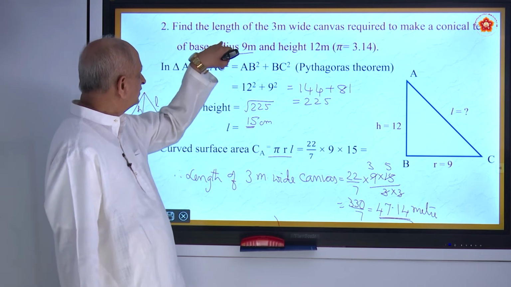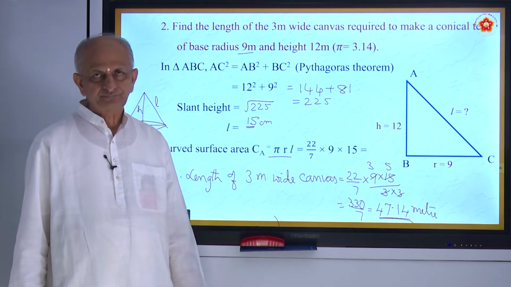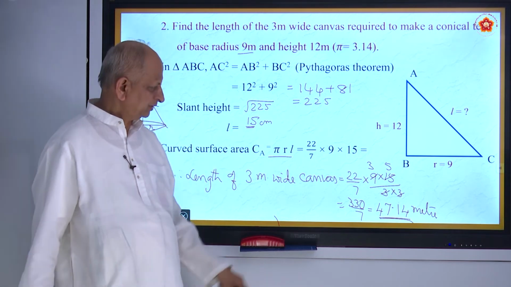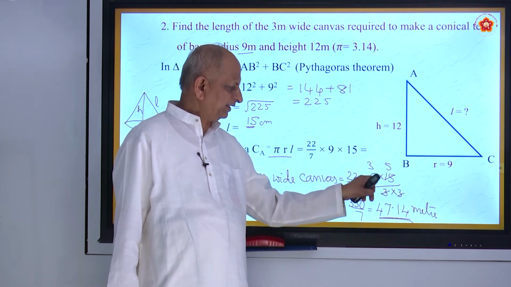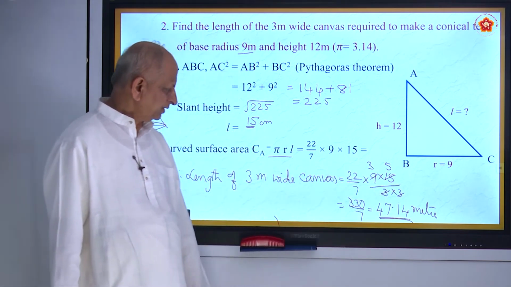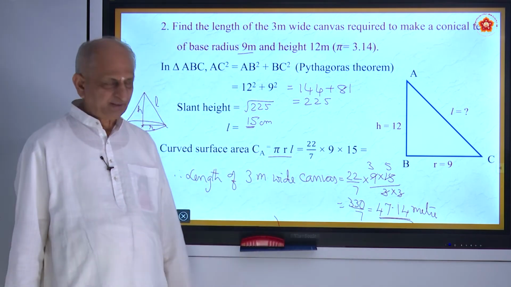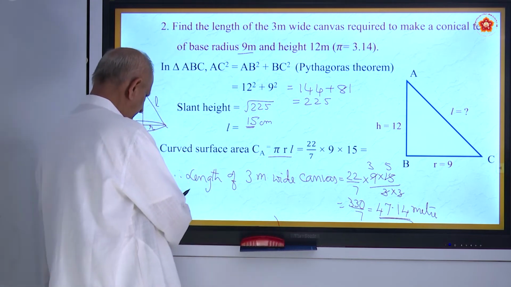Now the question is, find the length of a 3 meter wide canvas. So 3 meter wide means 3 meter length, 3 meter breadth. So 3 into 3. That area divided by 9. That comes to 47.14 meters. Is it alright? So this is the home assignment given in the last class.